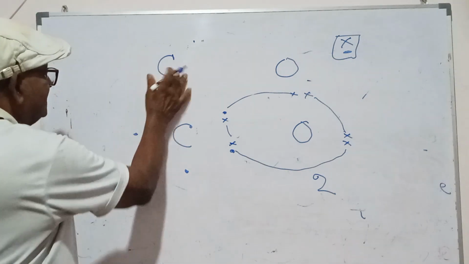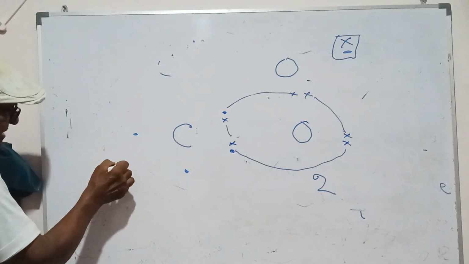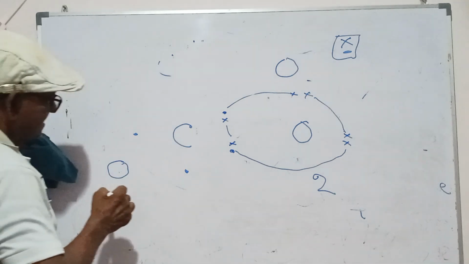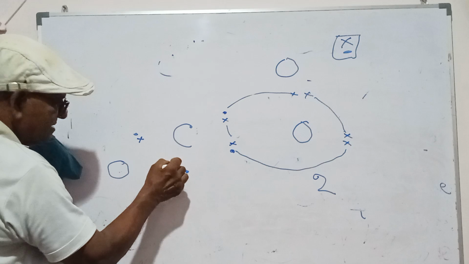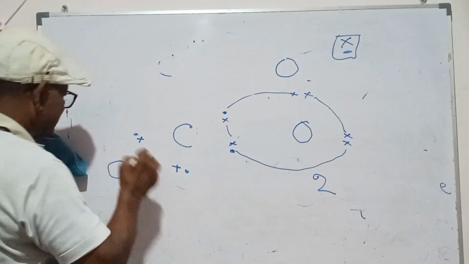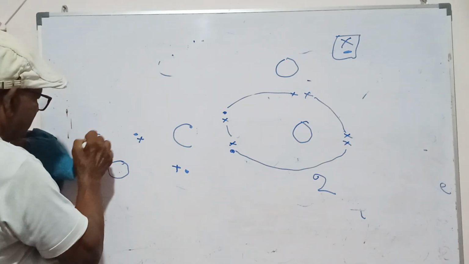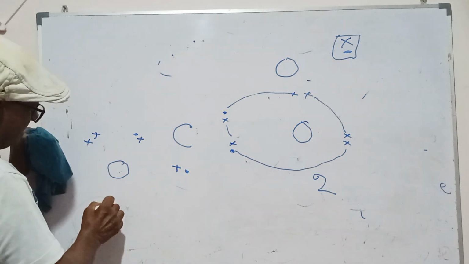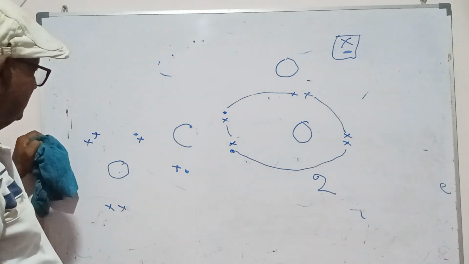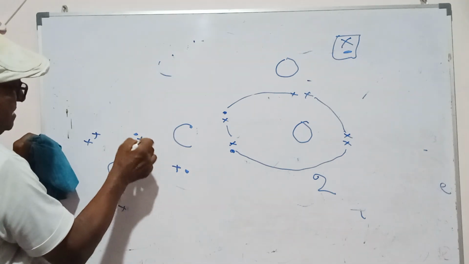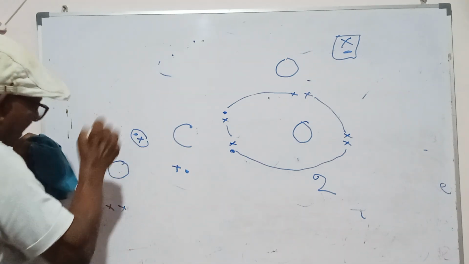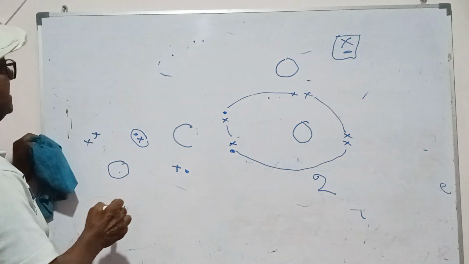Then similarly on the other side, another oxygen atom comes here. It also gives 2 electrons, then it has 8 electrons at the outermost energy level. Now carbon forms 2 shares with the other oxygen atom.